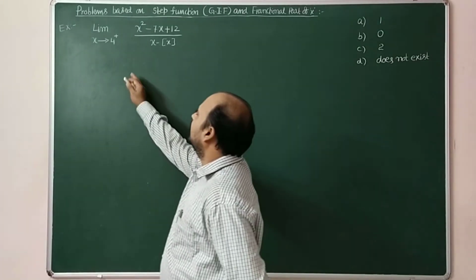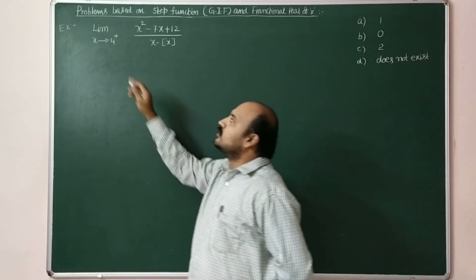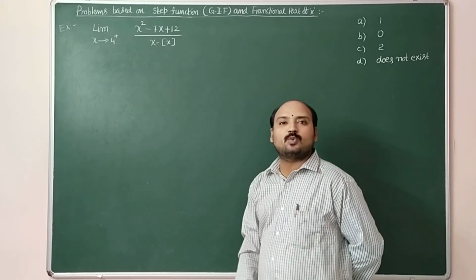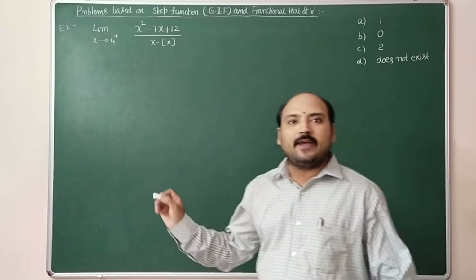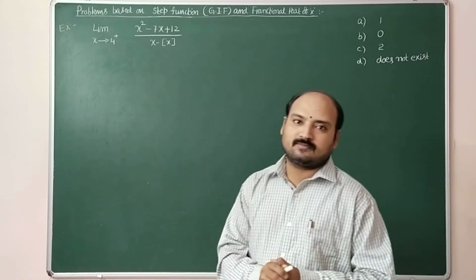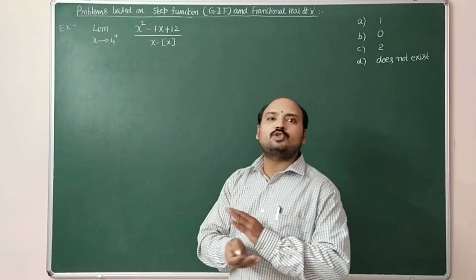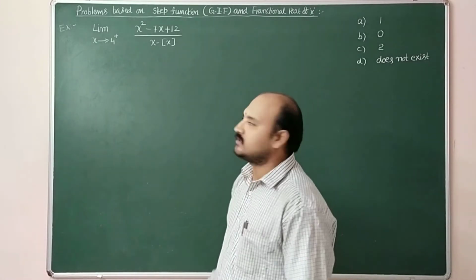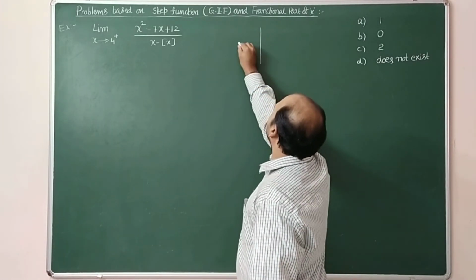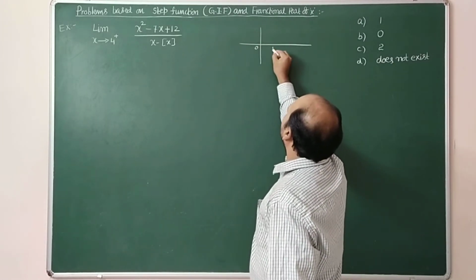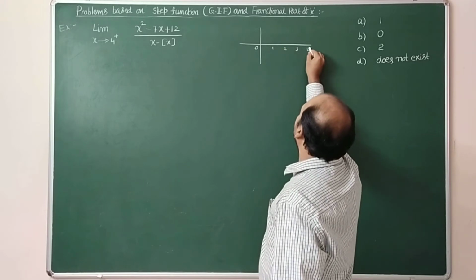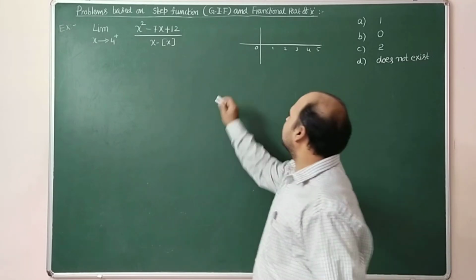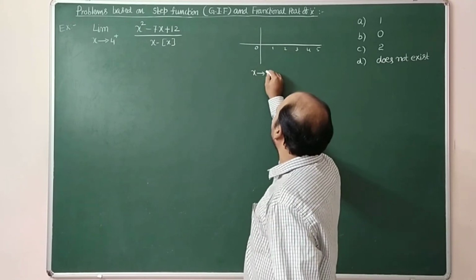The first question here: limit x tends to 4 plus, x square minus 7x plus 12 divided by x minus step x. First of all, x tends to 4 plus, it is the right hand limit: 0, 1, 2, 3, 4, 5 and so on.